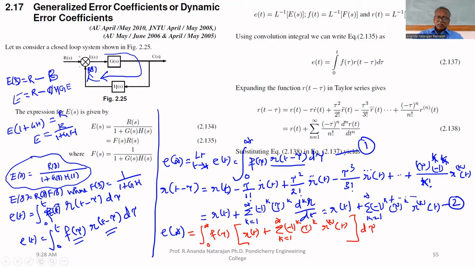So we replaced this r of t minus tau by this expression.